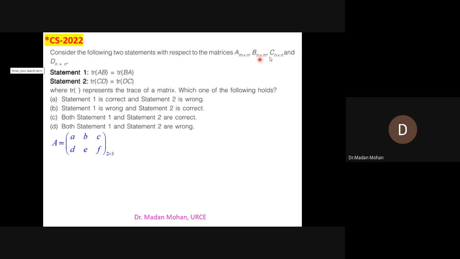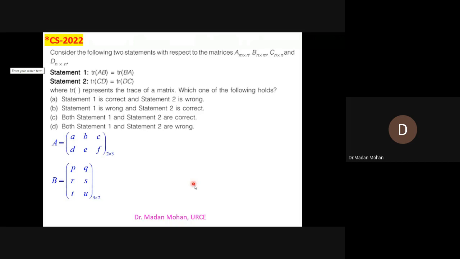Now I take an N cross M matrix, another matrix. Don't take the same matrix or its transpose. P is a 3 cross 2 matrix. Do you agree? A is M cross N, B is N cross M. The entries I have taken are A, B, C, D, E, F, P, Q, R, S, T, U.